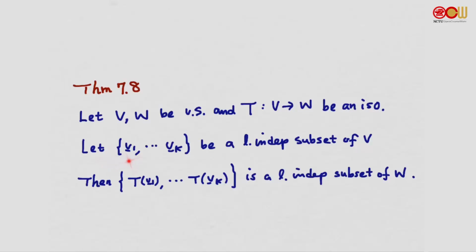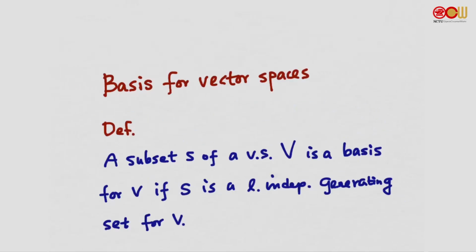If v1 to vk is a linearly independent subset of V, then their images Tv1 to Tvk form a linearly independent subset of W. So if we have some vectors that are linearly independent, their images are also linearly independent. We will leave the proof as an exercise.